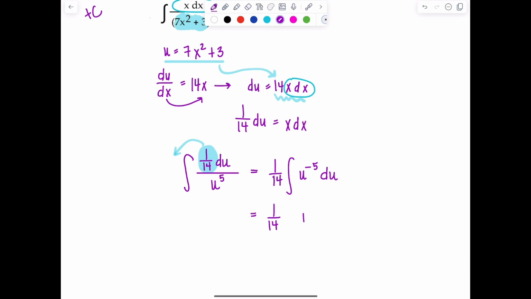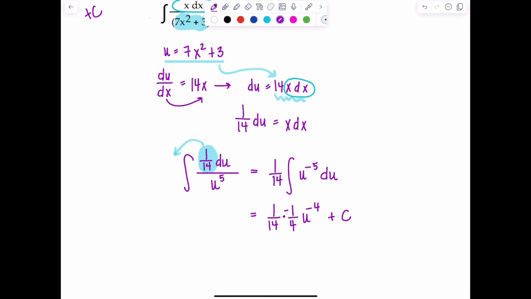Now I'm going to have u to the negative 4th, divide by negative 4, that's the same as multiplying by negative 1/4. And then don't forget plus c. Plus c because this represents a family of antiderivatives that could be the antiderivative for the integrand. Okay, very good.